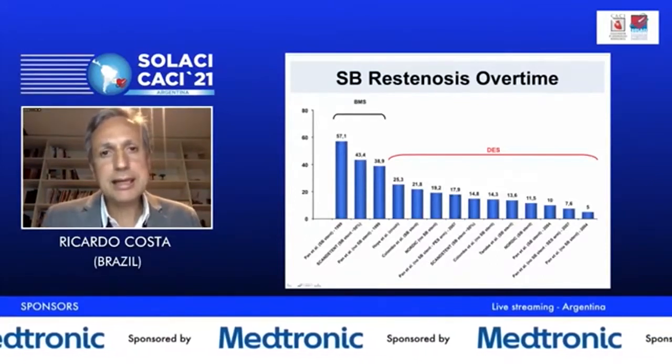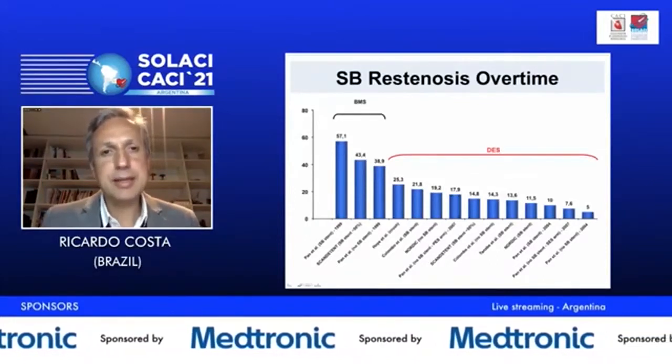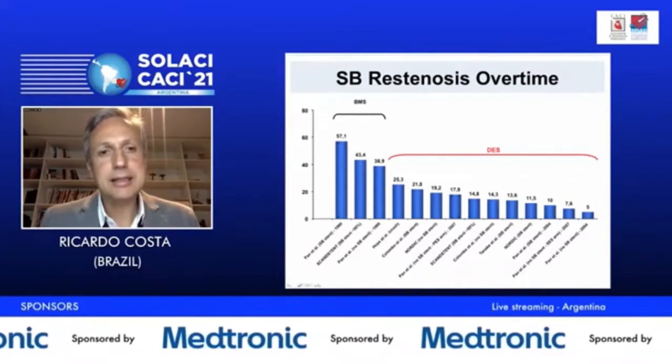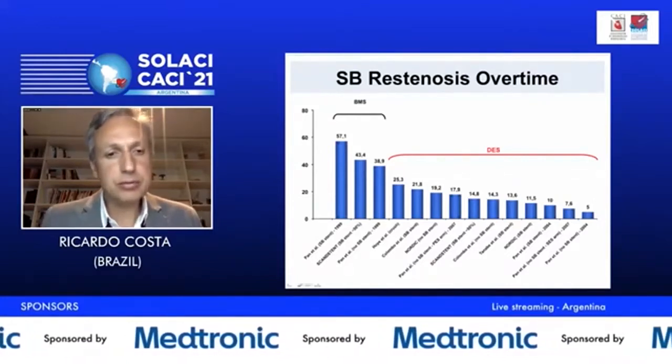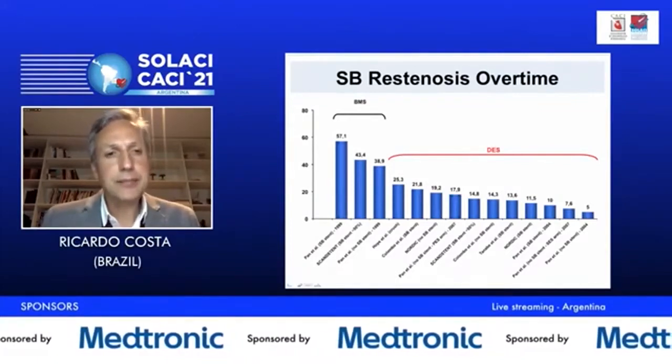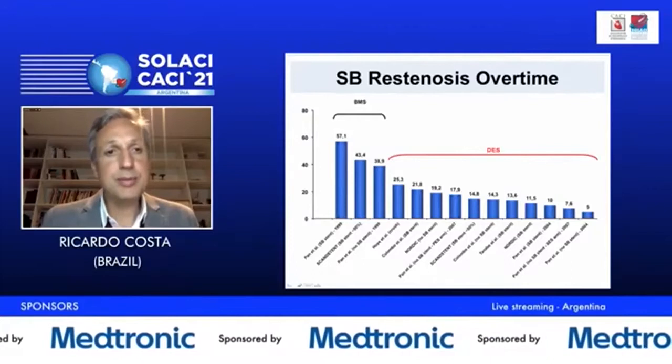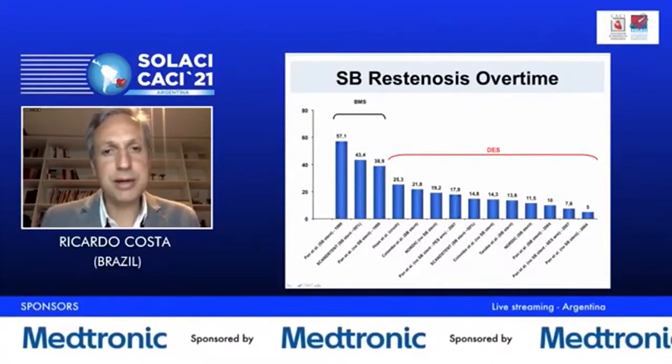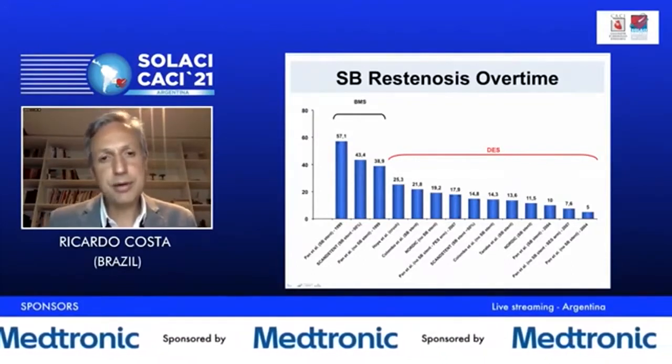If we look at the evolution of the side branch stenosis, the implantation of a stent in the SB gives us prohibitive indexes.